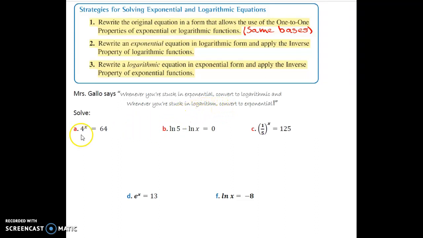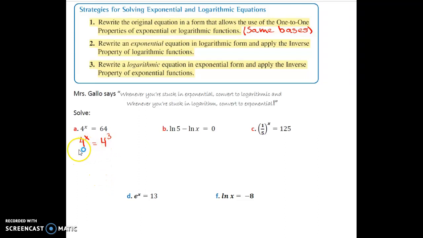For problem A, we have 4 to the x is equal to 64. Let's try to rewrite this with the same base. We have 4 to the x is equal to, I do believe that I can rewrite 64 as a power of 4. That will be 4 to the third power.